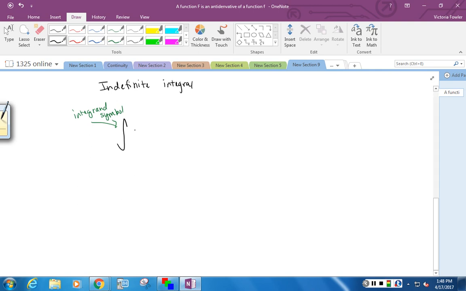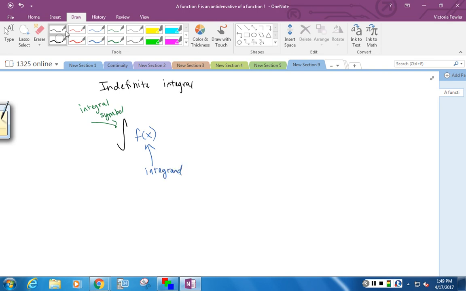I'm going to put a function here, let's call it f of x. It's called the integral symbol. This is the integral symbol. That was silly. This is called the integrand.